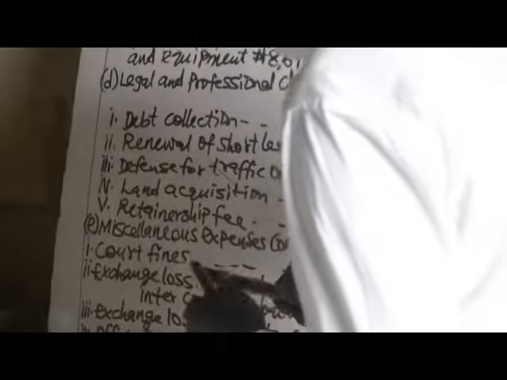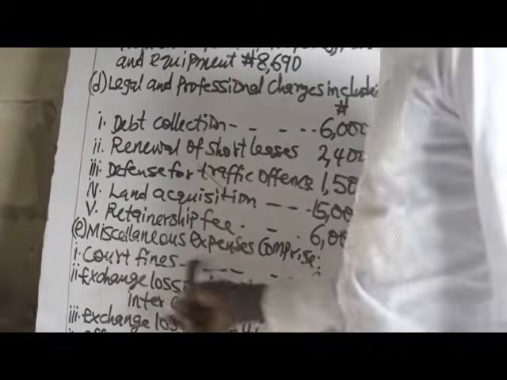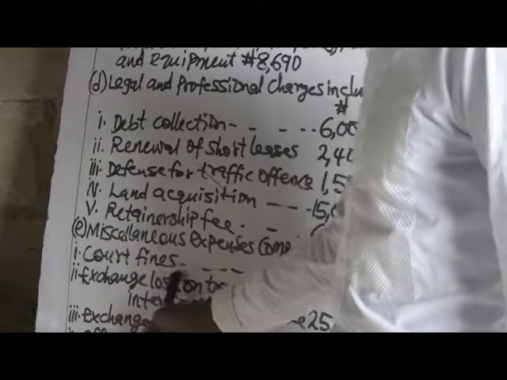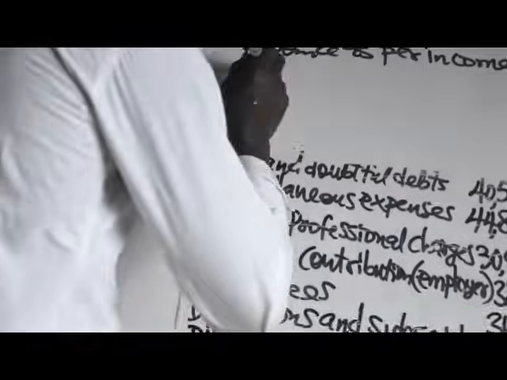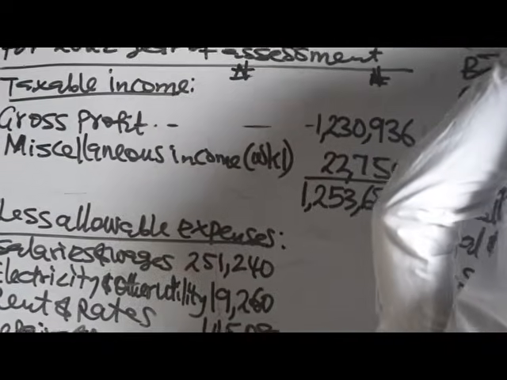Now, note E. We have miscellaneous expenses comprise. The first item is court fines. Court fines is not allowable. Let's remove those items that will not be allowed. The court fines amounted to 2,400.